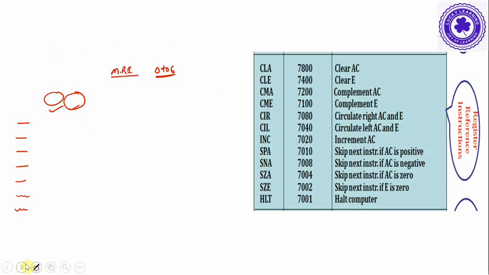When it comes to the register reference instructions, the address bits 0 to 11, 12 address bits, specify 12 register reference instructions.